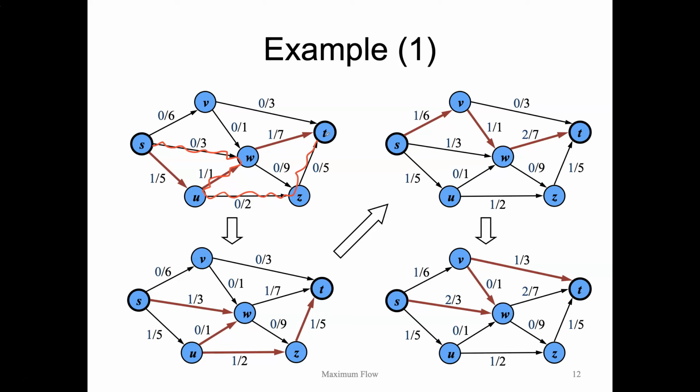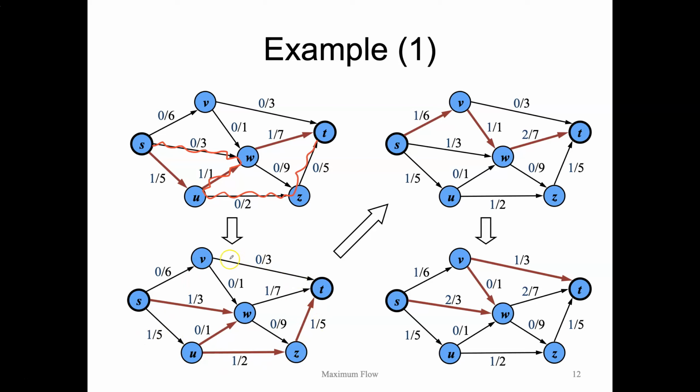So the smallest value is 1. We'll increase by that residual capacity along those 3 forward edges that we have, and decrease by the residual capacity 1 along this back edge. And this is how we come up with the resulting flow network below. We've increased the flow by 1 now.